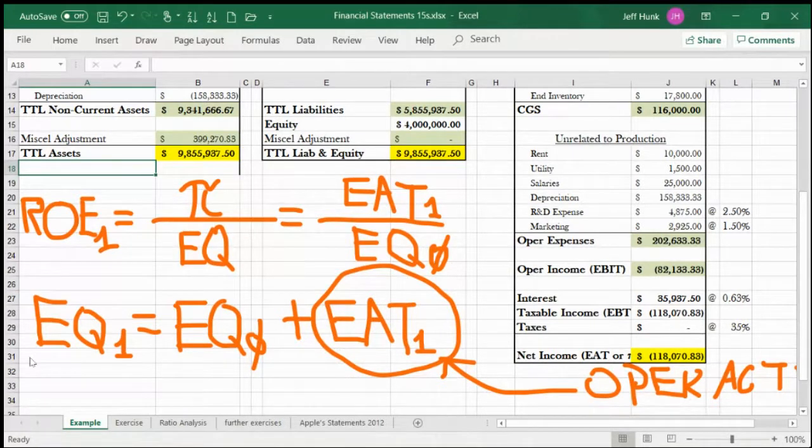In other words, original equity at time 0 is the capital called capital paid in by the investors. Make sense? Equity at time 0 is paid in capital. In other words, paid in capital. Right? You see what that means?